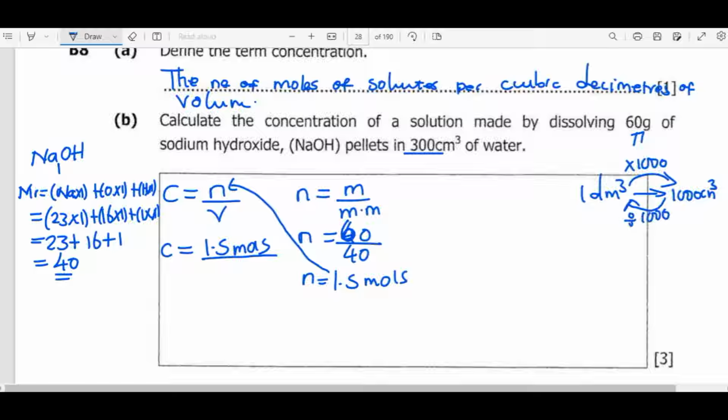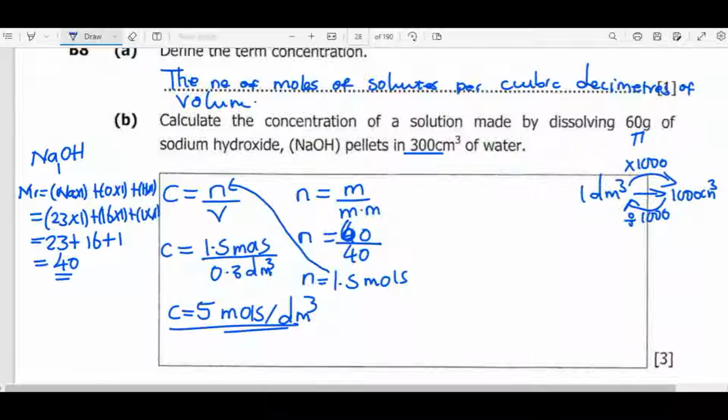So to change from cubic centimeters to cubic decimeters, we divide by 1000. This will give us 0.3 decimeters cubed. So 1.5 divided by 0.3, I'm getting 5 moles per decimeter cubed.